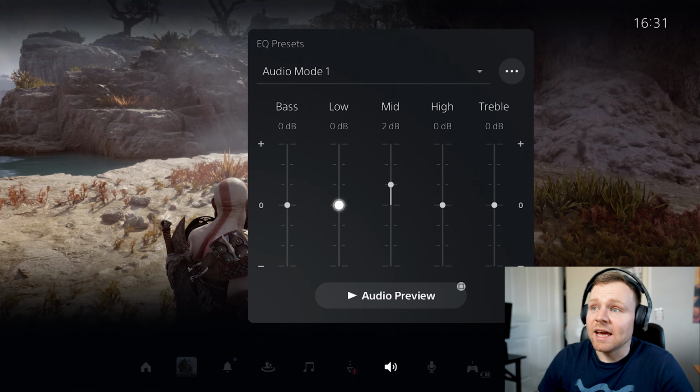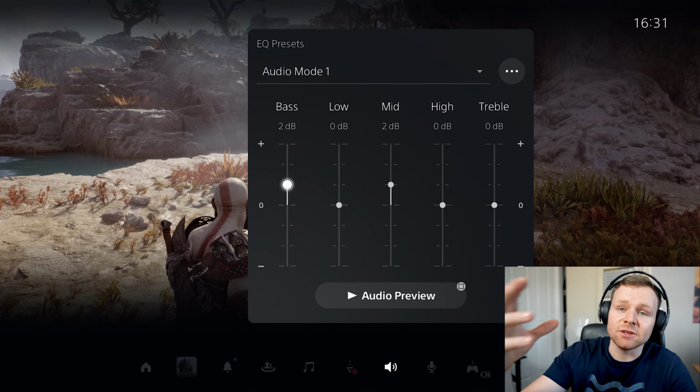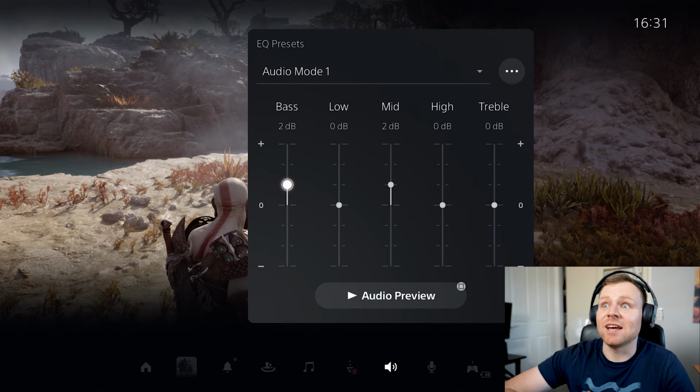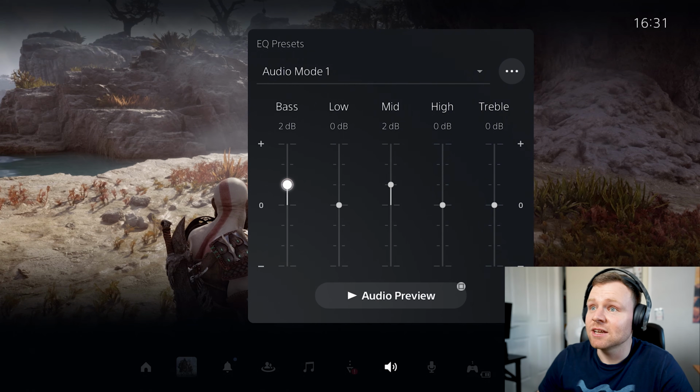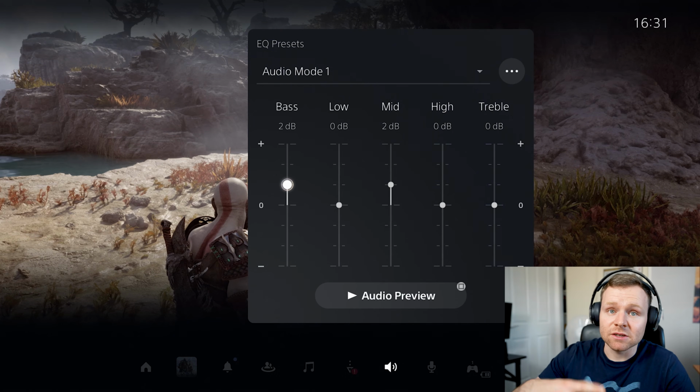For me, I like pushing those mids up a little bit, and I've enjoyed some of those bass frequencies. I'm into a lot of bass because I love dubstep and I love heavy bass music. So pushing those lows and bass frequencies is really good.